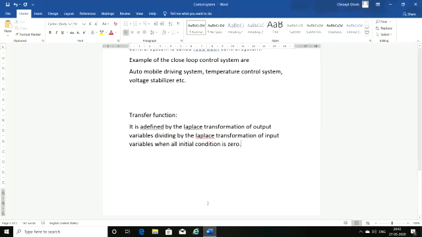So what is the transfer function? The transfer function is defined by the Laplace transformation of output variables divided by the Laplace transformation of the input variables when all initial conditions are 0.